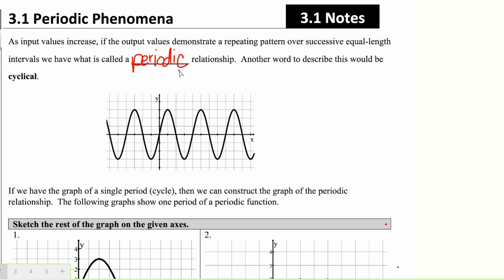Another word to describe this would be cyclical. So we have this function here, and this function is actually a sine curve.